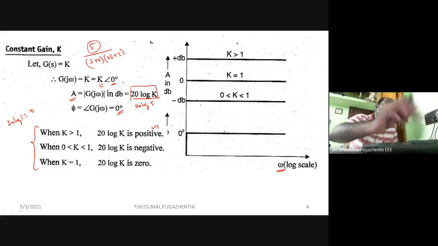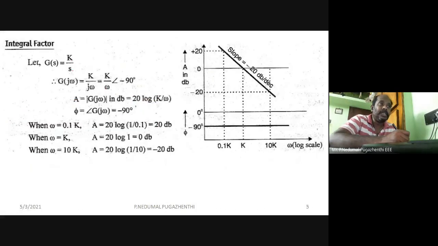The same way, if you have an integral factor like k by s, then s is equal to j omega, so you get k by j omega. The value of magnitude is k by omega. This is your magnitude, and your phase angle is minus 90 because j omega is in the denominator.